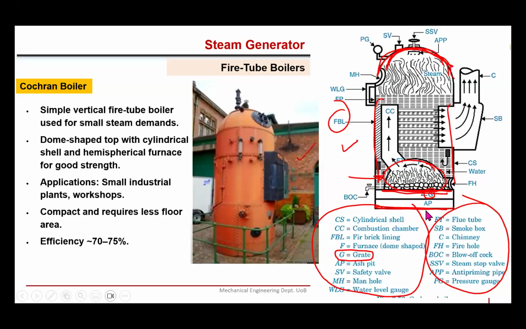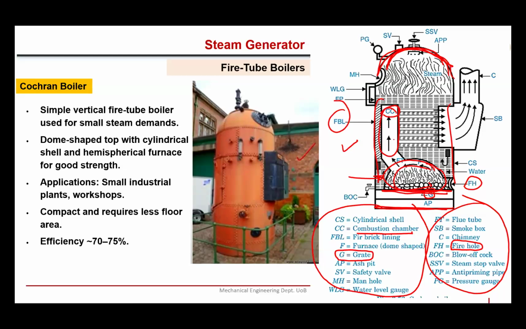So here FH, for example, you can read it. That is the fire hole. We can observe the firing through that hole, right? And so on. For example, what is this CC? That is the combustion chamber, because here is the furnace, and this space is named the combustion chamber.